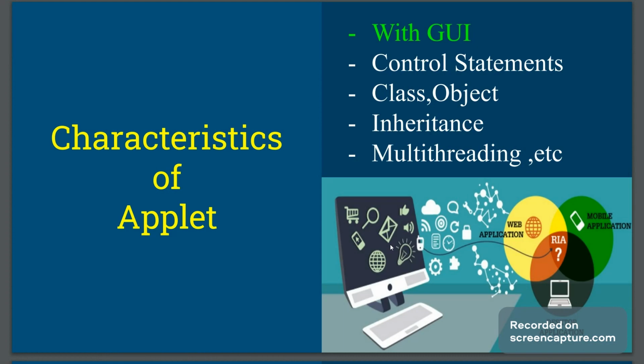Second, moving on, we will see the characteristics of applets. Applets are programs basically designed for internet programming. Of course, we can implement all the Java core concepts like control statements, class, object, inheritance, multithreading, interface, package, etc. But they are implemented with a GUI, that is graphical user interface.